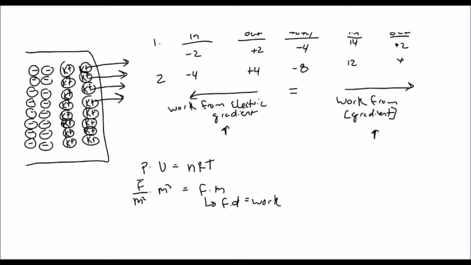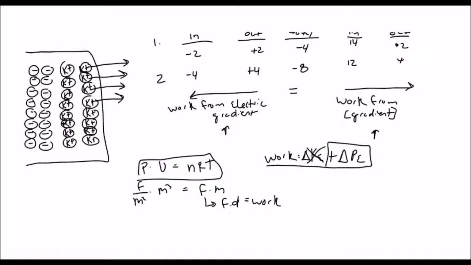So in this ideal gas law, I'm asking what is the work that I get from a certain amount of gas. You'll remember that work is equal to the kinetic energy change plus the potential energy change. Whenever everything stops moving, the kinetic energy change is equal to 0, and the work is equal to the change in potential energy. Here, because there is no movement, force times distance seems like a misnomer.